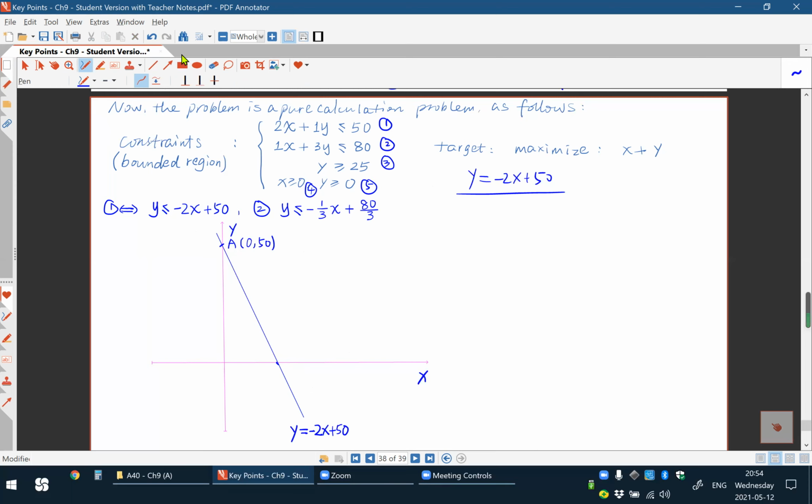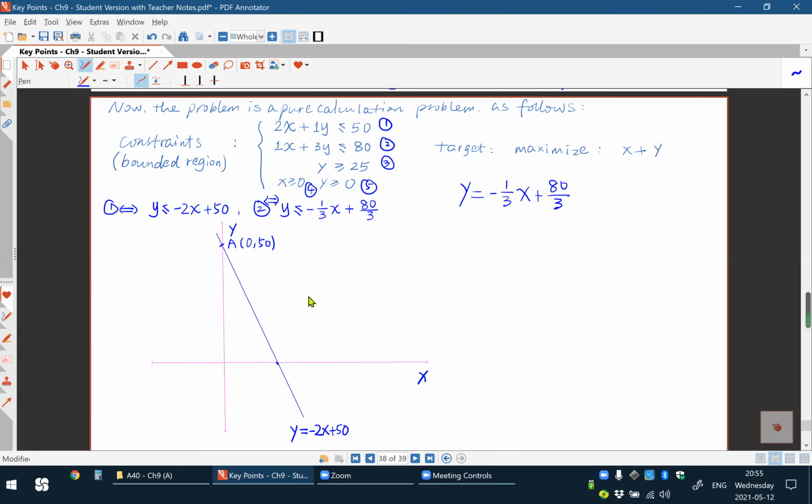Okay, and we have another line specified by the second inequality, which is y equals minus 1/3 of x plus 80/3, right?